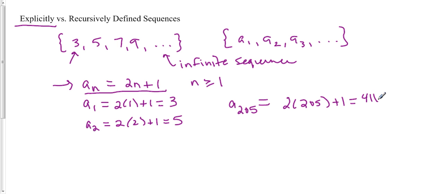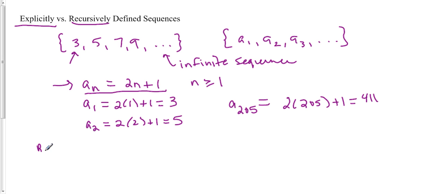Now, another way to define a sequence is recursively. Here, I need to know at least one of the other elements in the sequence, because the formula for my nth term, my general formula, is going to be defined in terms of some other element in the series.